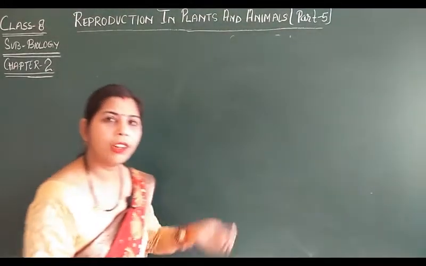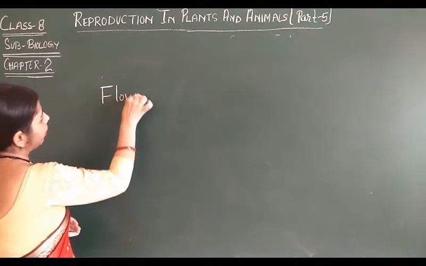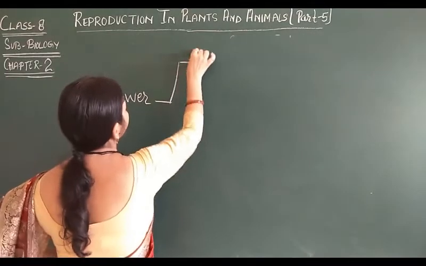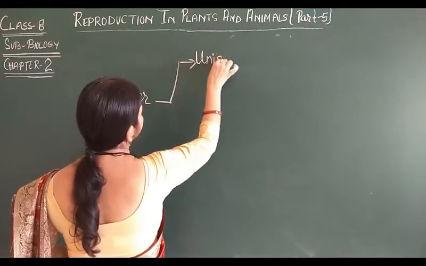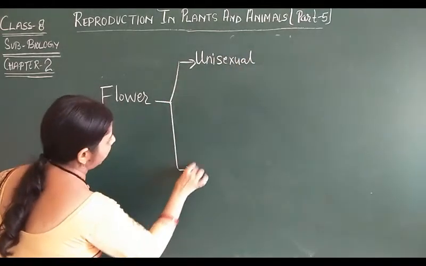Now on the basis of these male and female gametes, flowers are of two types, that means the types of flower: unisexual or bisexual.